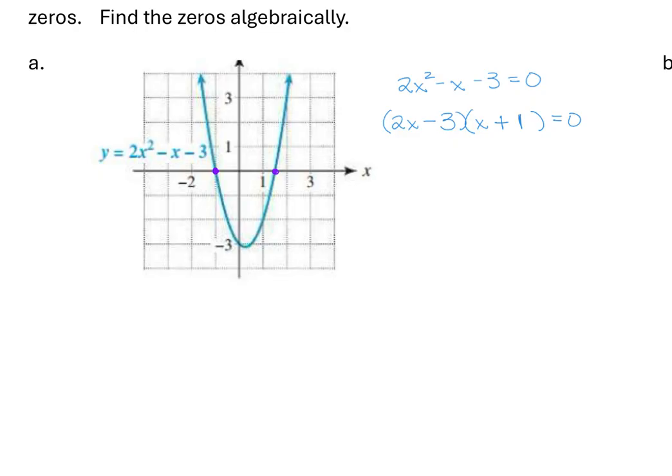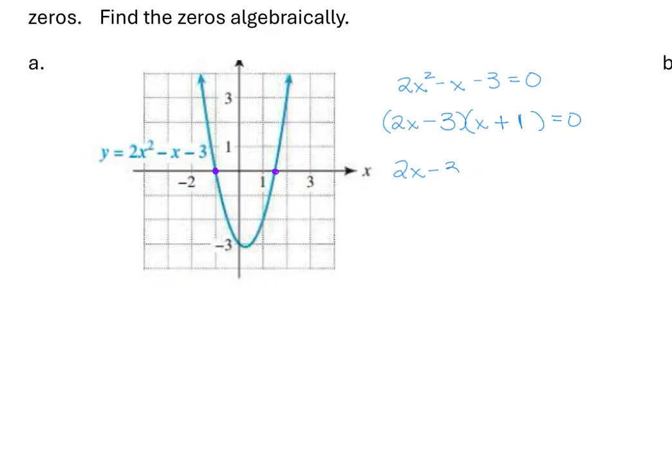If you do go ahead and FOIL this, you should see that we get 2x squared, we're good. 2x minus 3x, our outsides and our insides, do combine to -1, and we get our -3 times our +1. Our last gives us -3.